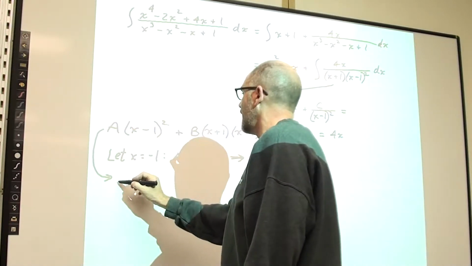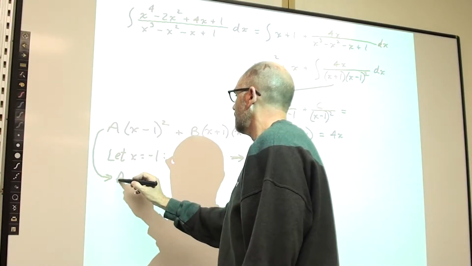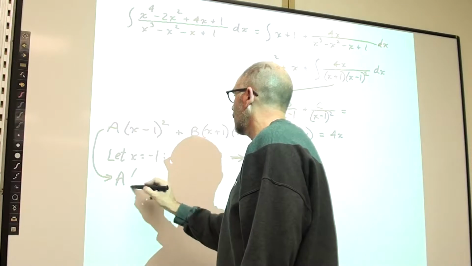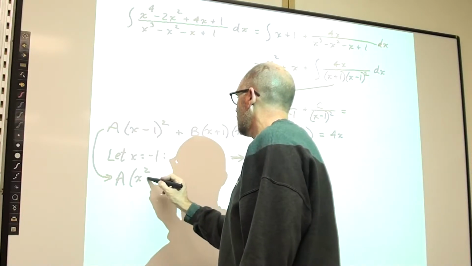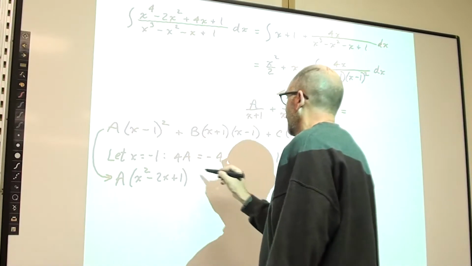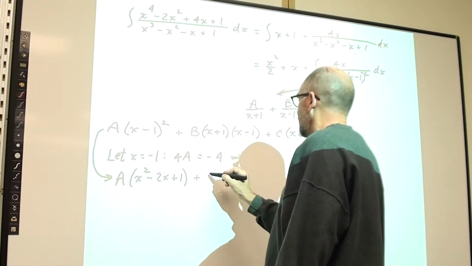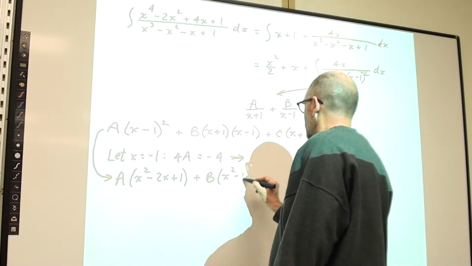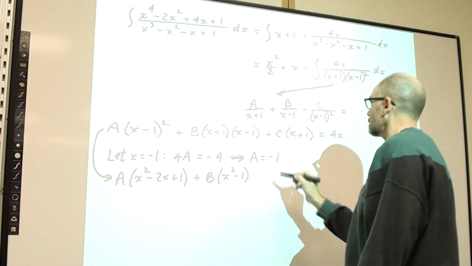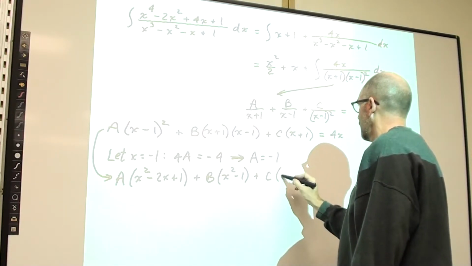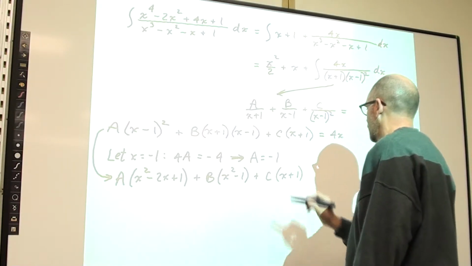So I've got A times x minus 1 quantity squared, which is going to be x squared minus 2x plus 1, plus B times x squared minus 1, plus C times x plus 1.